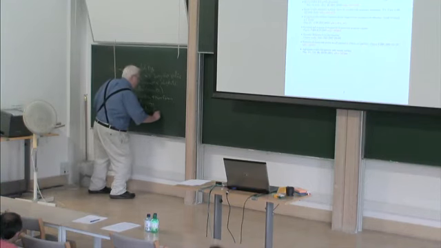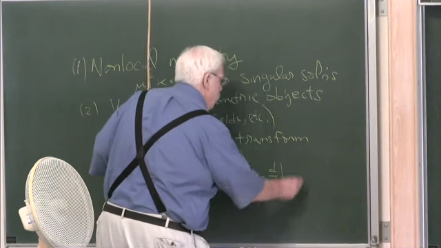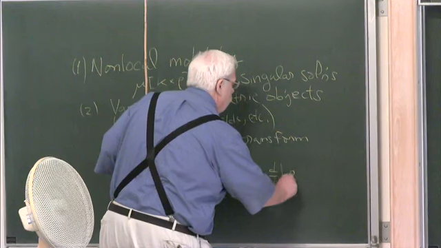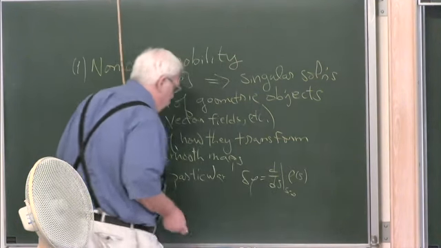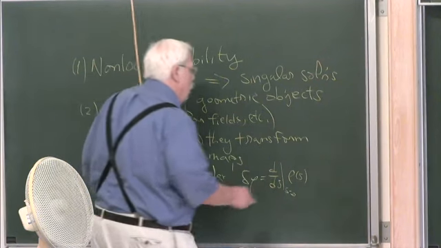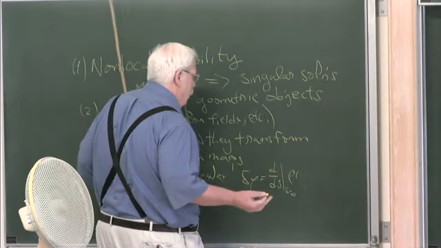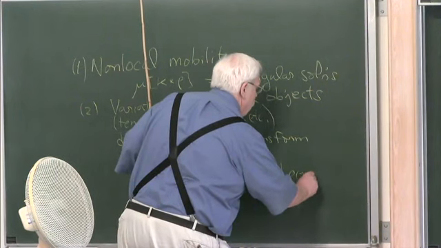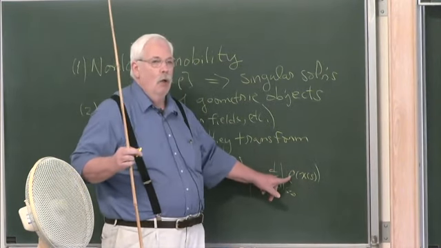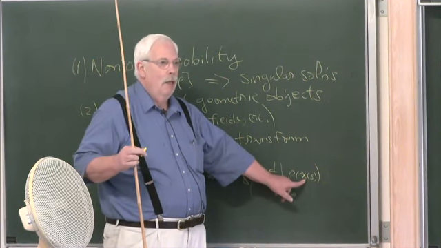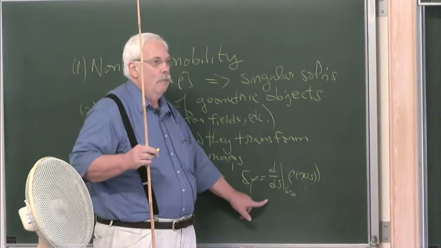Okay, so its transformation, its variation is d by ds at s equals 0 of rho depending on s. Okay, but since it's defined on some space, we give it coordinates x, and so we want to know how does rho vary when we vary x. That's what we mean by the transformation property of an object.